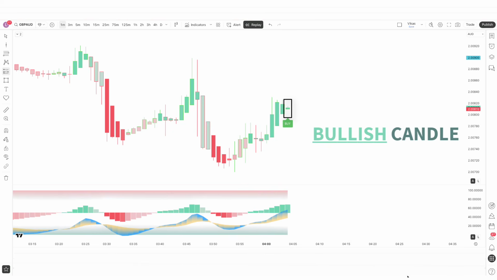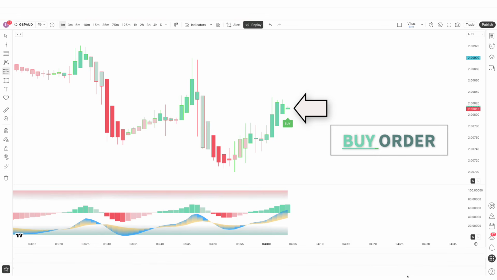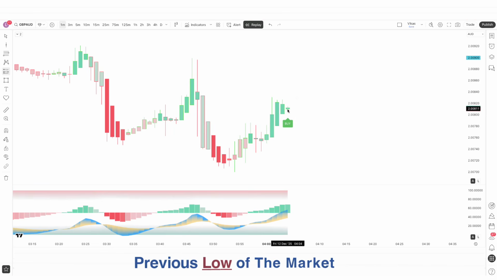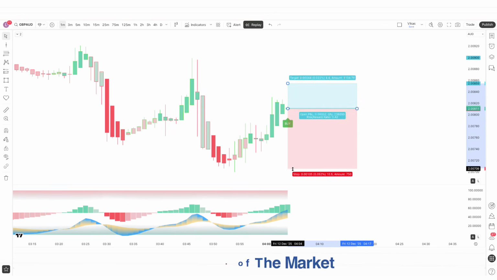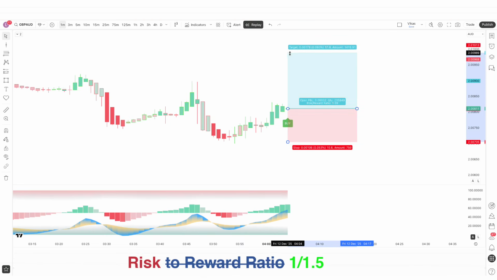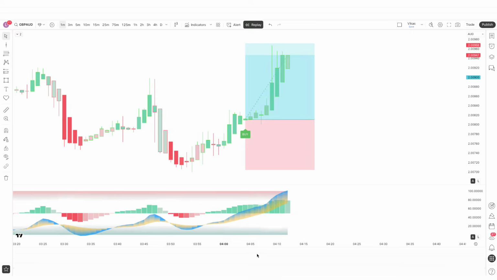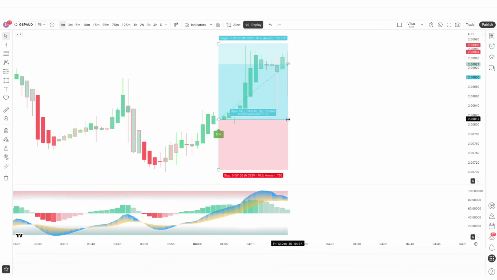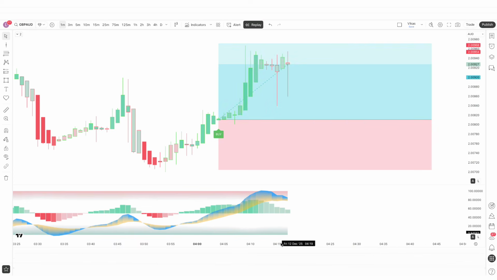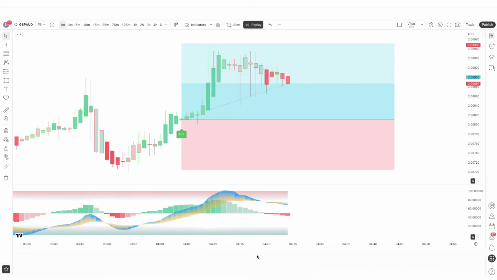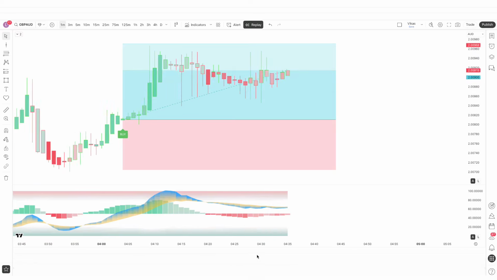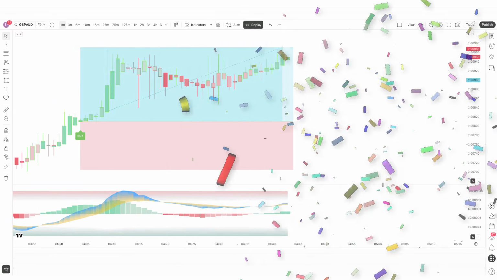Here, market has made a bullish candle to give confirmation, so all our conditions are being fulfilled, so we are placing an order to buy. Our stop loss is to be placed at the previous low of the market, and the risk-to-reward ratio will be 1:1.5. Let's see what happens to our trade. Our trade is running in profit. We have won the trade.